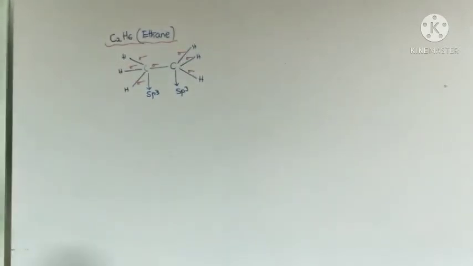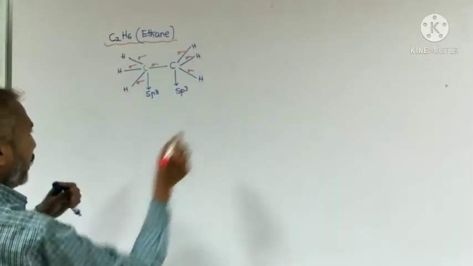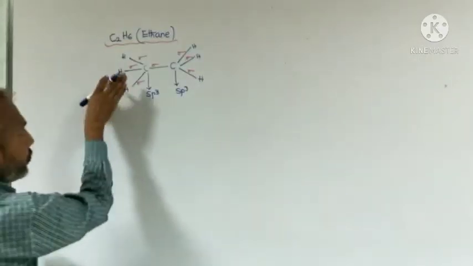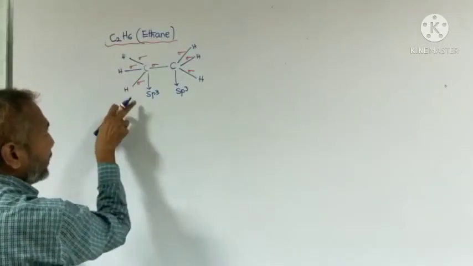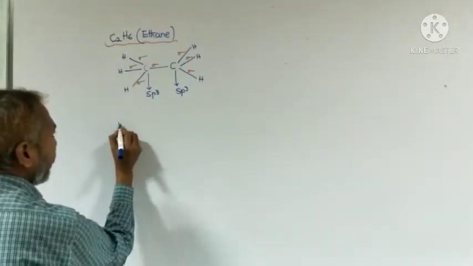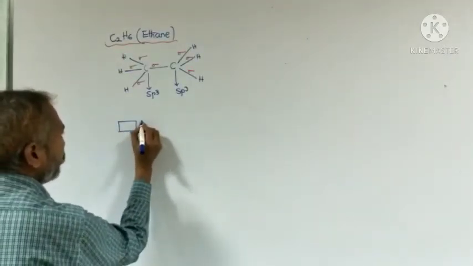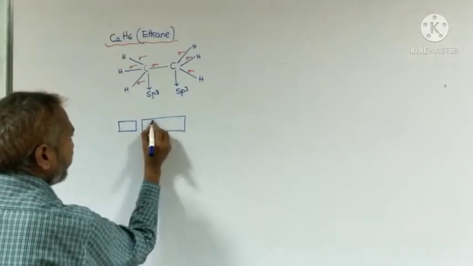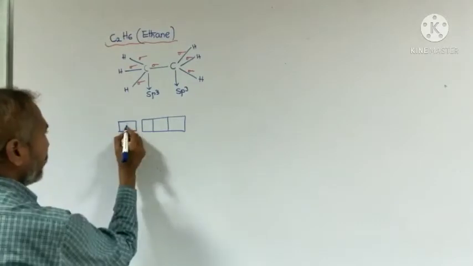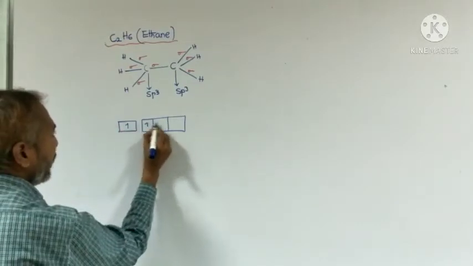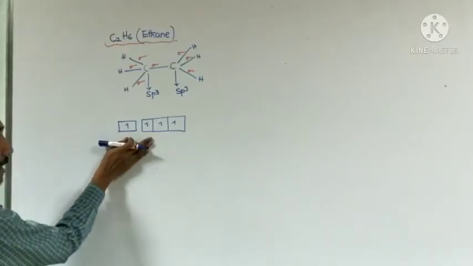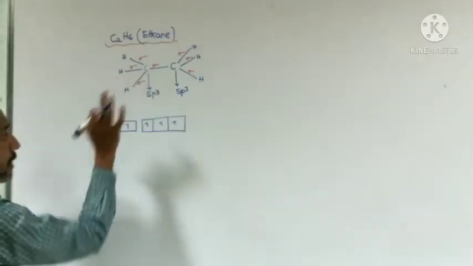Now write the orbital orientation. First, I will write the excited configuration of carbon. In the excited state, how many orbitals are there? 4 orbitals, each containing an unpaired electron. This is the excited electronic configuration of the C1 carbon.